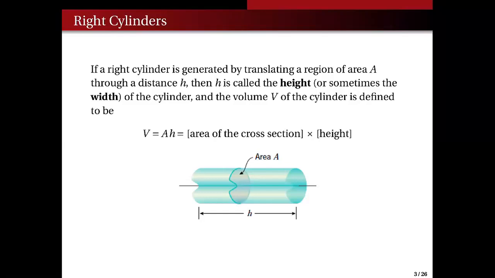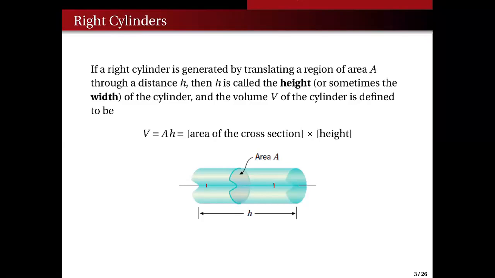Okay? But what if at some point on this, maybe you have the motion here, you have this axis here, okay? At some point in here, the region became bigger or the region became smaller, okay? And maybe at some point here, the region became larger or smaller, okay? What I'm saying is, what if the area of the region changes as it moves, okay?